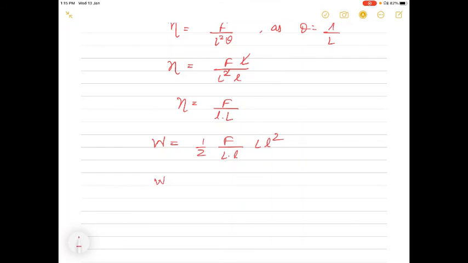So W is equal to half of F into small l.